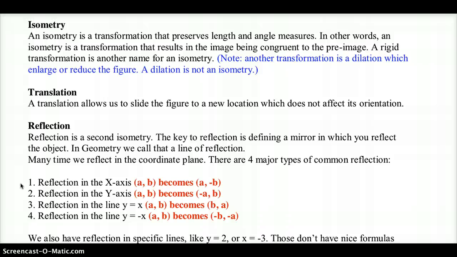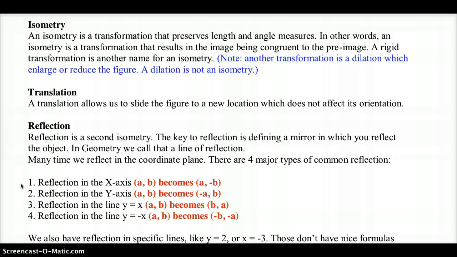It's going to stay the same size, so the image is congruent. A rigid transformation is just another word for isometry, so don't get confused if you see rigid transformation in your work.